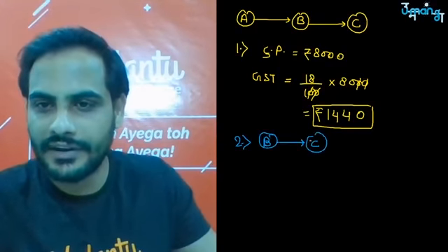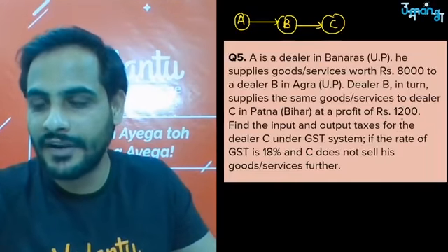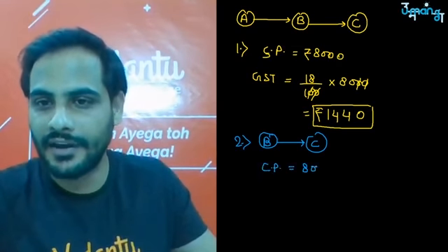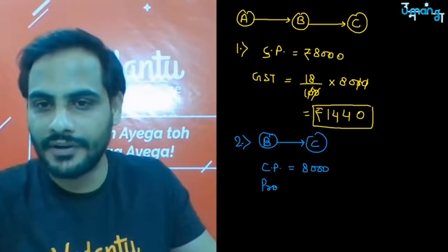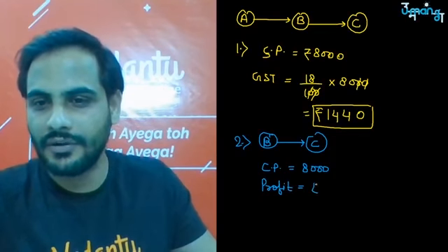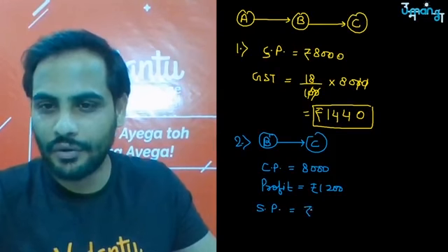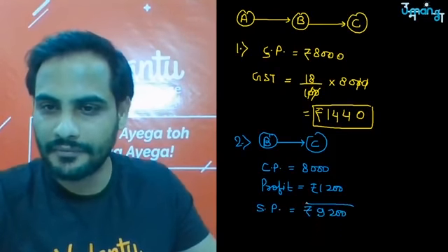As you know, the question was saying that B has added a profit of rupees 1200. So for B here, cost price is 8,000. Profit is rupees 1200. So now I can say selling price will be rupees 9,200.